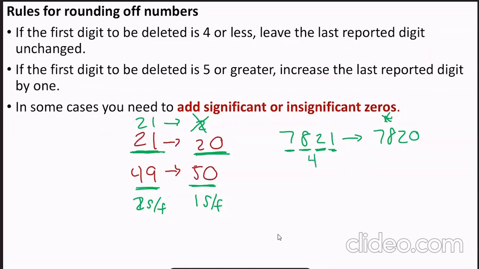4 sig figs to 3 sig figs, and I still have something in the thousands, right? So how about we take the same value, 7,821, and let's round this to 2 significant figures. 7,800.